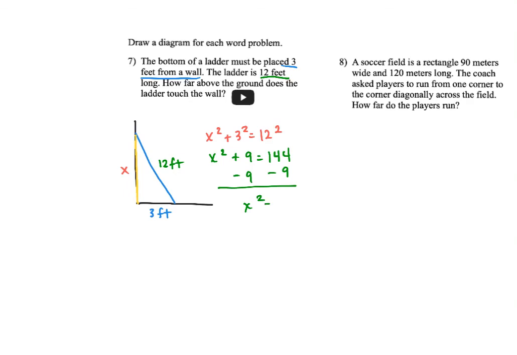So x squared is 135. And then we're going to take the square root of both sides. So my exact answer is square root of 135. And then to get my approximate, we put that in our calculator, you get 11.62.